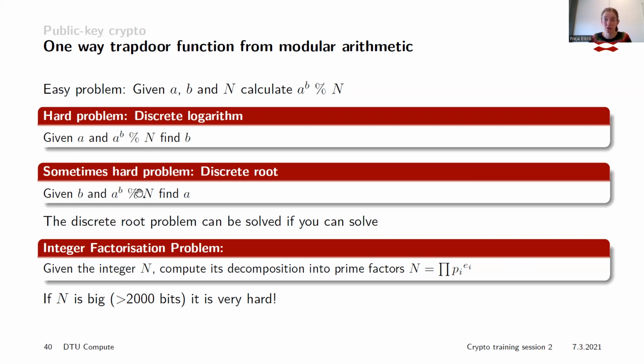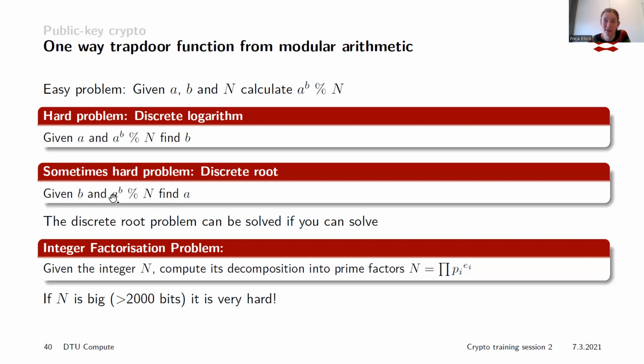The one that has a trapdoor is the discrete root problem. Here you're given the power b, and you're given a to the b modulo n, and then you need to find a. So you need to find out what you need to raise to the power b in order to get that value mod n. I call this the discrete root problem because if b is, for example, 2, then this is the discrete square root problem.